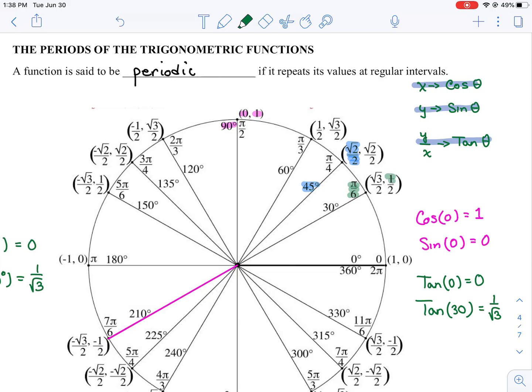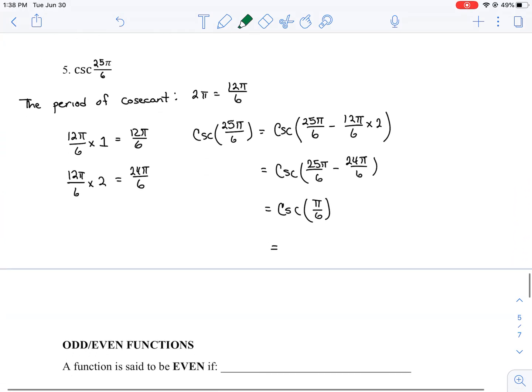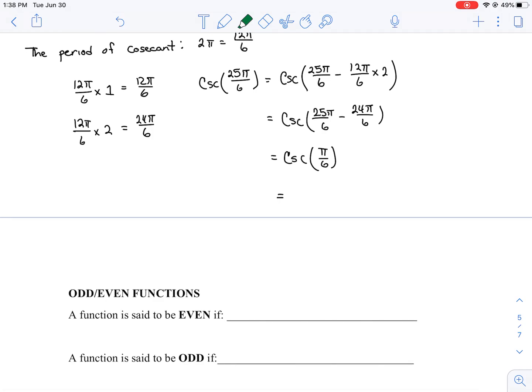We're going to find sine of pi sixths and take the reciprocal, and in this case that is going to be 2. So the cosecant of pi sixths is equal to 2, which means that the cosecant of 25 pi sixths is also equal to 2.